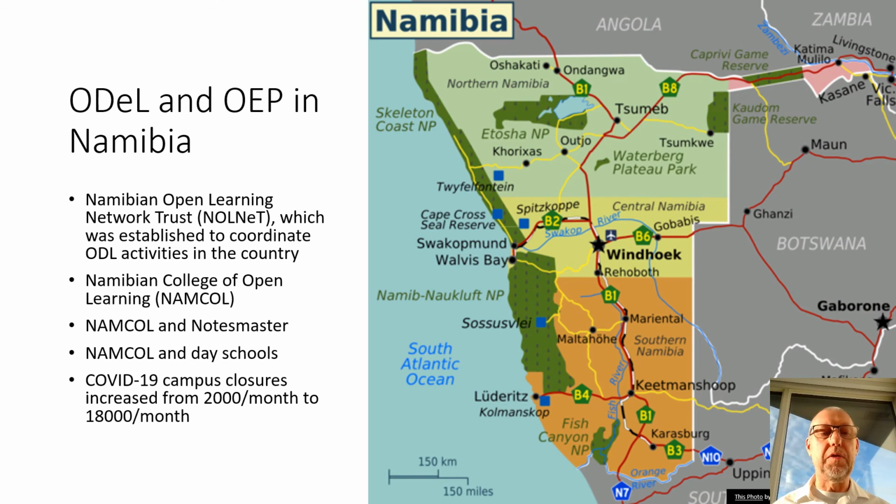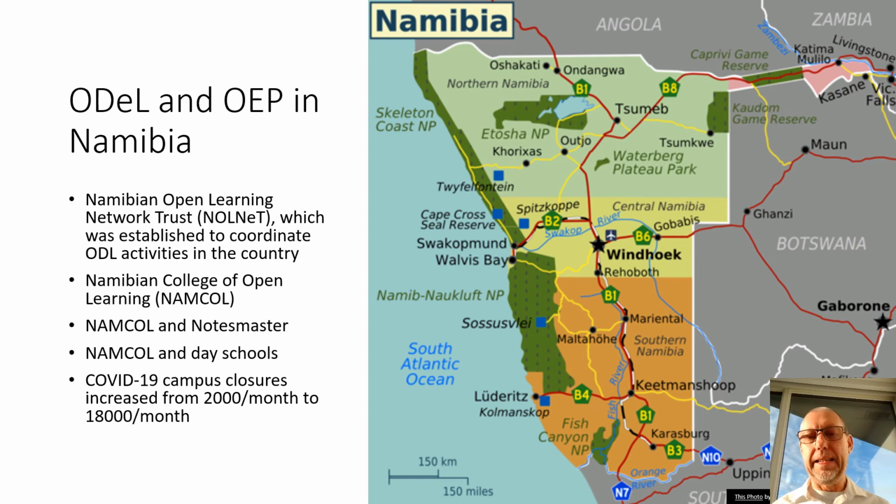The Namibian College of Open Learning, whom we have encountered earlier in the course. NAMCOL also work with a private provider called NotesMaster, which is a platform increasingly collating open educational resources at school level across multiple countries. NAMCOL also supports day schools by providing and sharing its open learning resources.